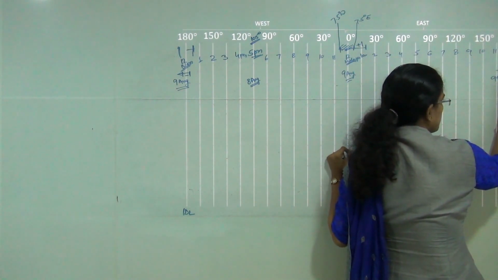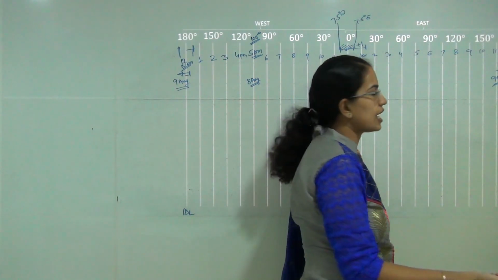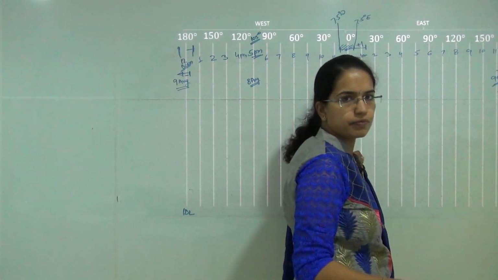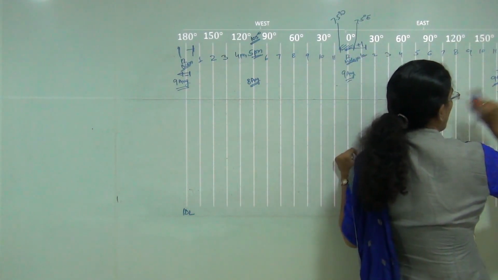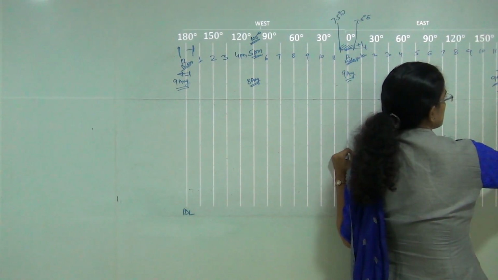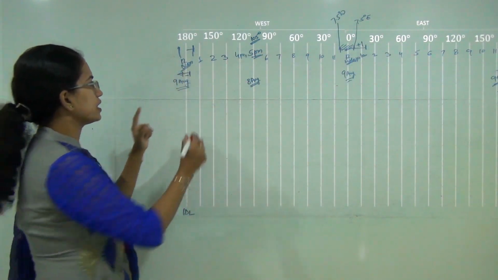But as soon as I cross the international dateline towards the east, I lose a day. That means beyond 180 degrees east, it becomes 8th of August. And that is true because we can see here it was 8th of August.